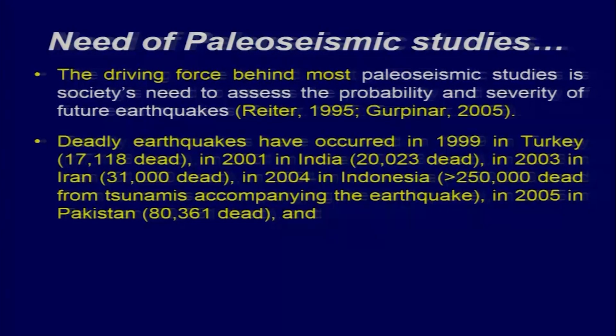Deadly earthquakes have occurred in 1999 in Turkey, killing almost 17,000 people; in 2001 in India, killing about 20,000 people; in 2003 in Iran, 31,000; in 2004 in Indonesia, the Sumatra-Andaman earthquake, which took the lives of more than 2.5 lakh people from tsunami as well as the earthquake.